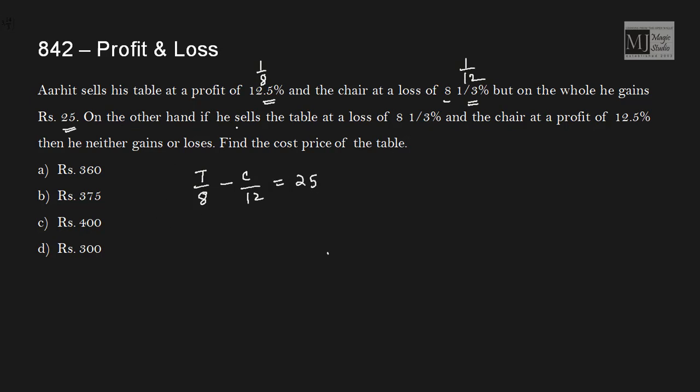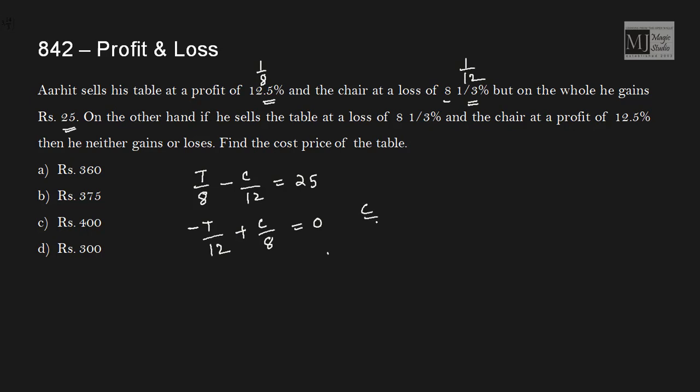On the other hand, if he sells the table at a loss of 1 by 3, minus T by 12, and the chair at a profit of 12.5, plus C by 8, then he neither gains nor loses, that is equal to 0. So we need to find T and C.